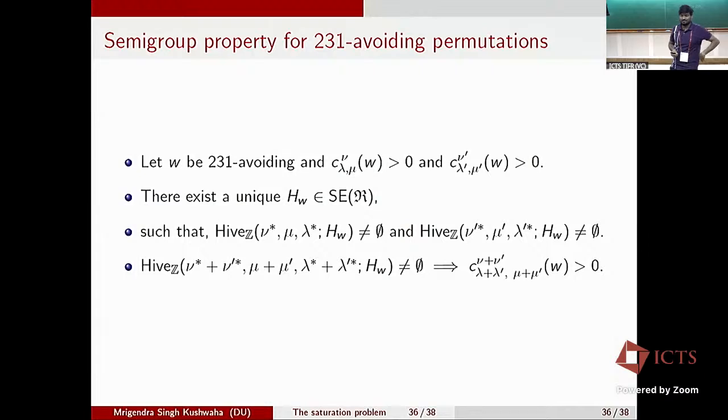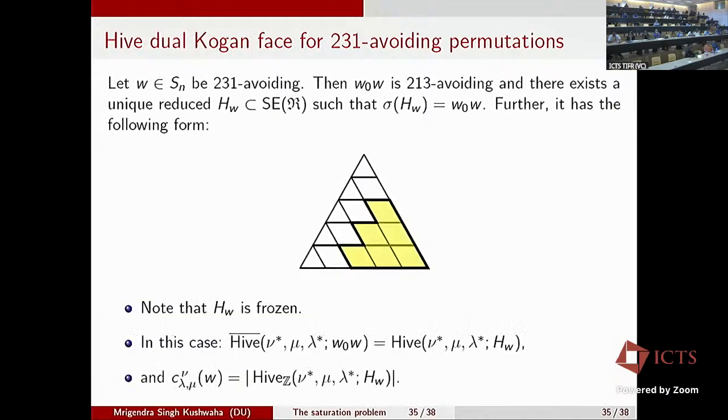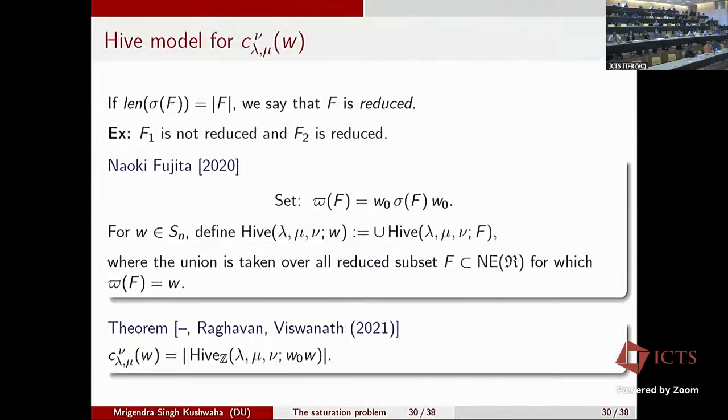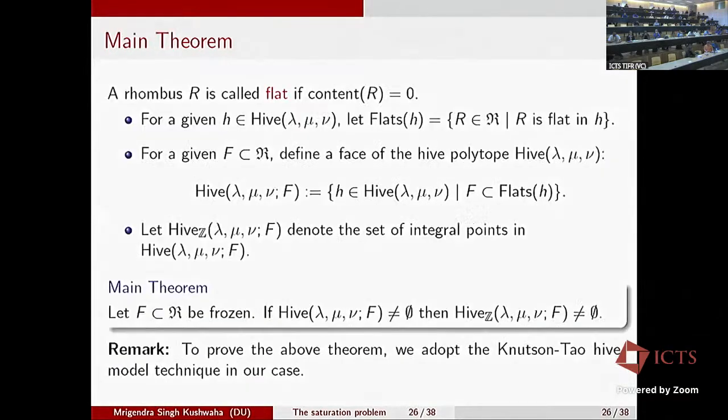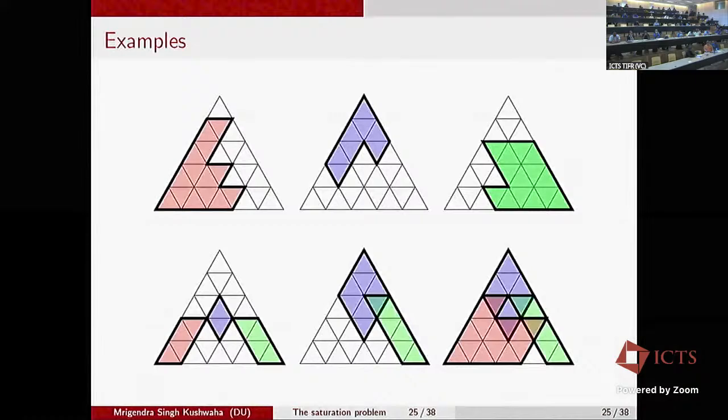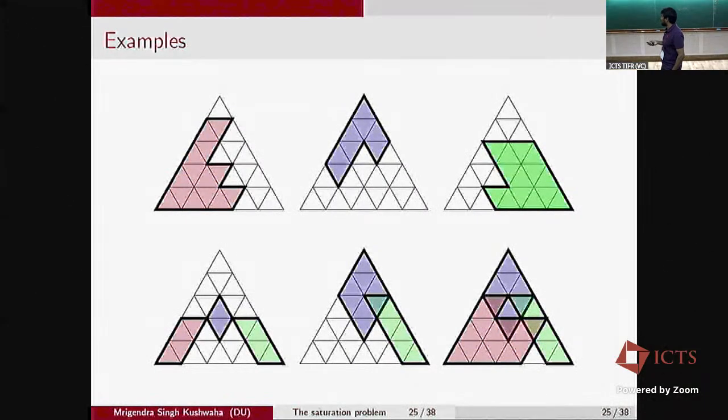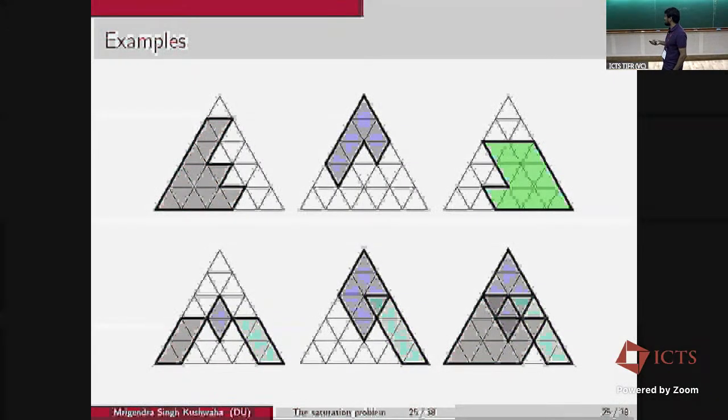And what is the intuitive explanation for this frozen condition? I mean, you gave an inductive definition, but is there a more direct way of understanding what this frozenness means? Frozenness means intuitively that we were looking at the same condition which we used to prove the Knutson-Tao conjecture.